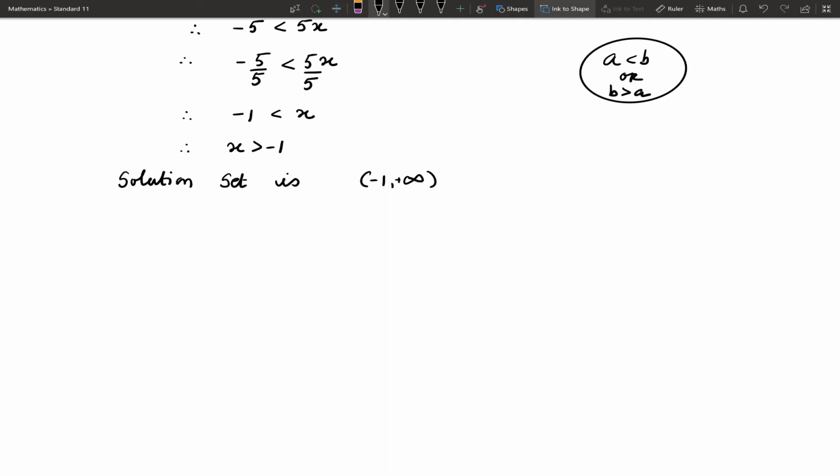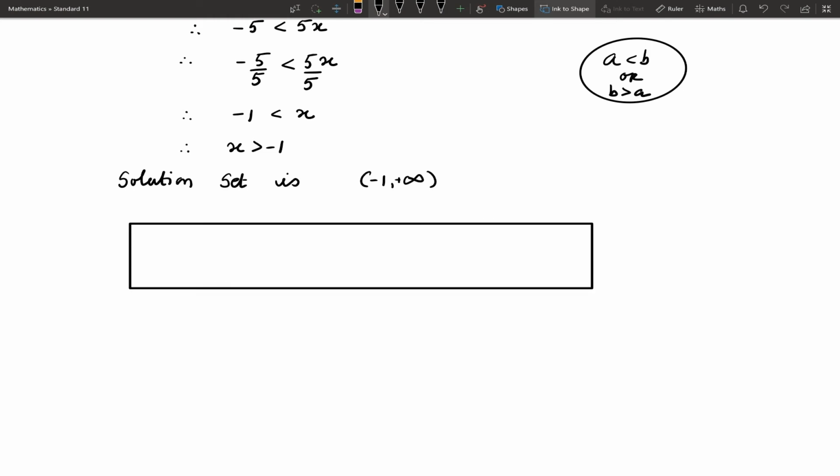And if we denote it graphically, here the inequality is strict, so we have to omit minus 1. This is minus 1, this is plus infinity. This point we denote p. On the solution side we denote another point q. This is minus infinity.